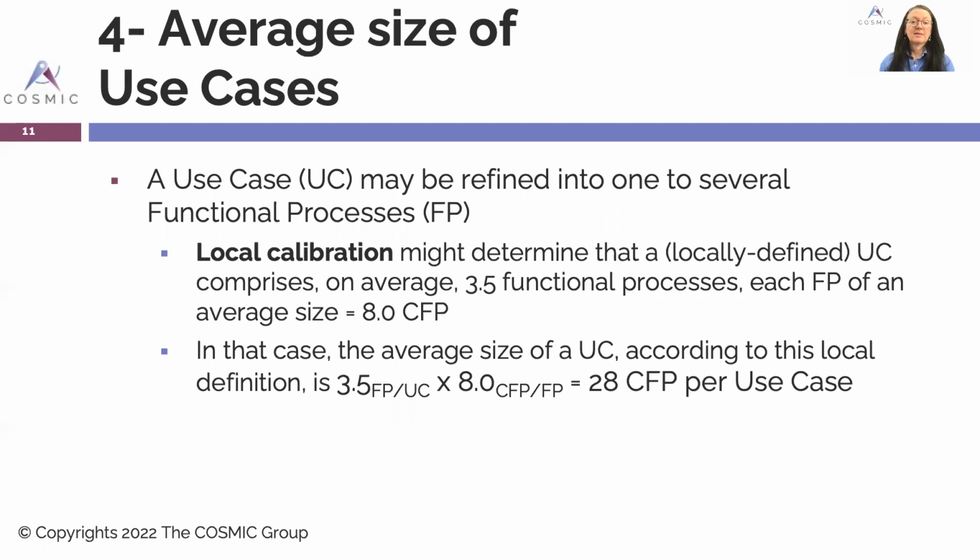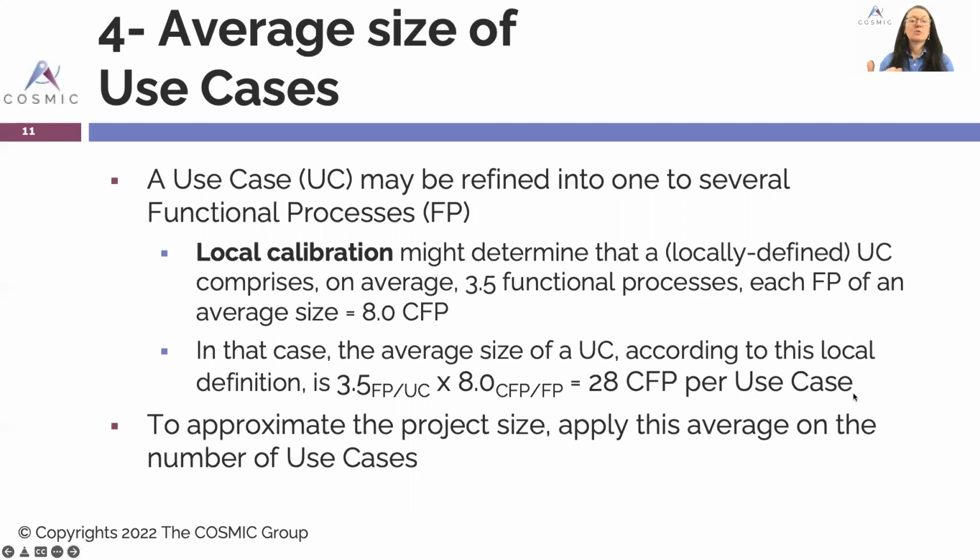In that case, the average size of a use case, according to this local definition, is 3.5 functional processes per use case times 8 COSMIC function points per functional process. Well, that's 28 COSMIC function points per use case. To approximate the size of the project, you apply this average to the number of use cases.